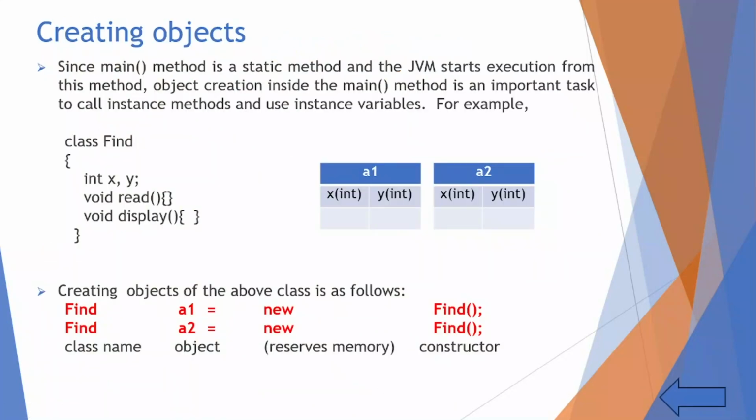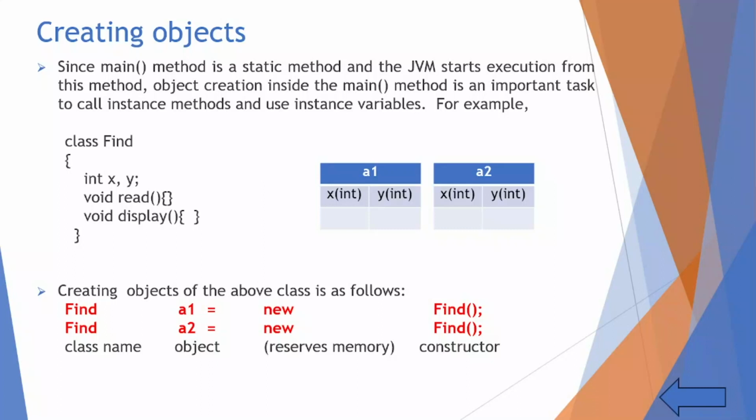The main method in public static void main(String[] args) is a static method, and the JVM starts execution from that method only. So from a static method, if I have to access instance methods and variables, I need to create an object. Object creation in the coding way. In BlueJ we have seen right-click on the class, new.